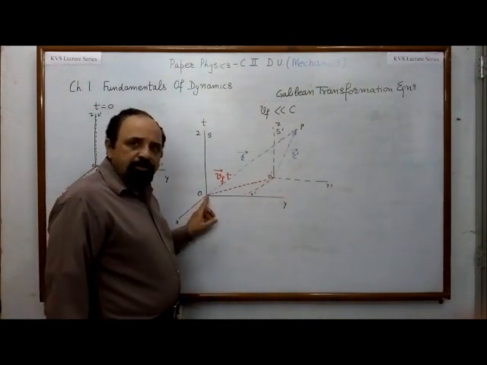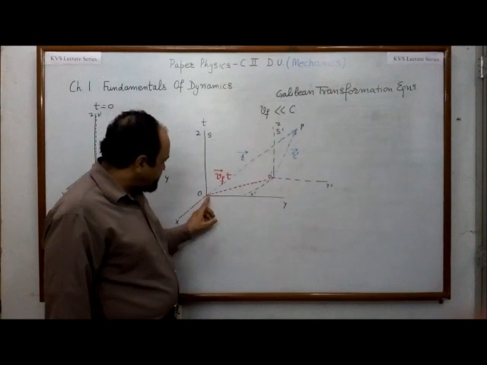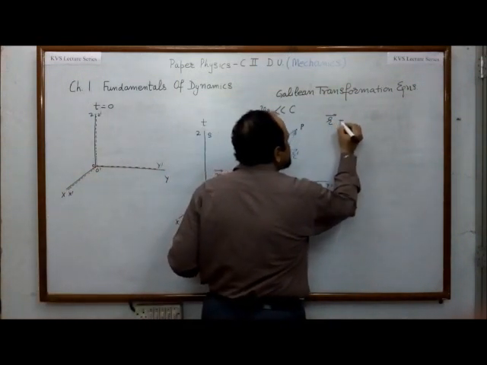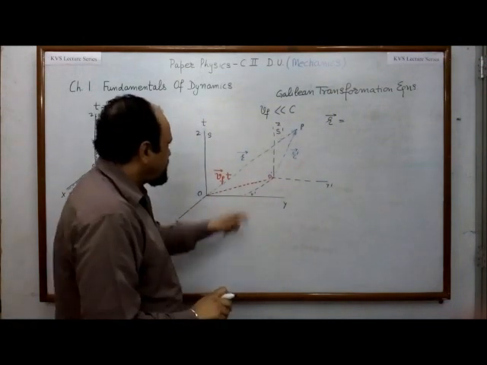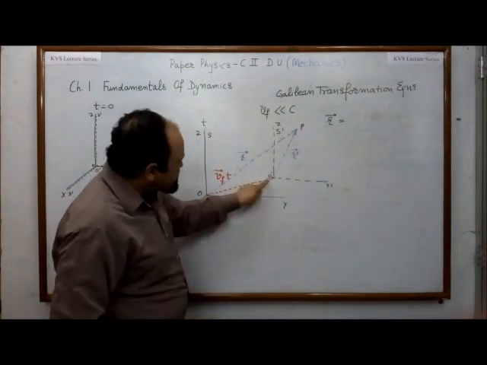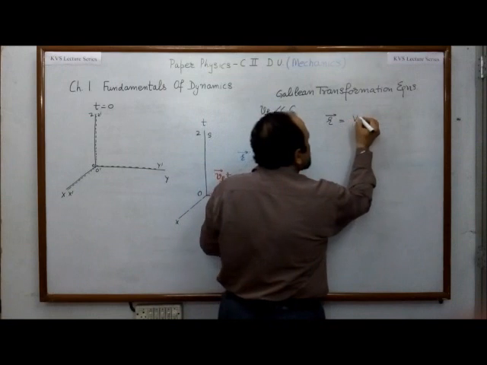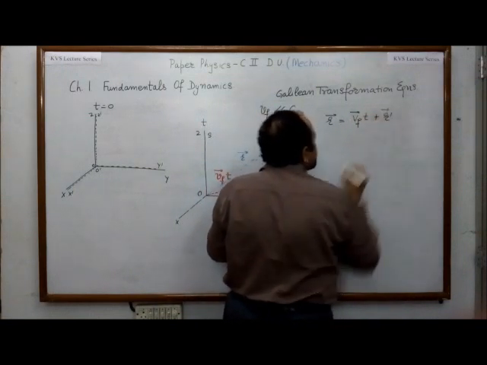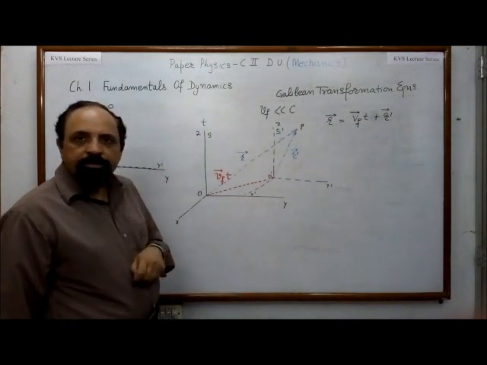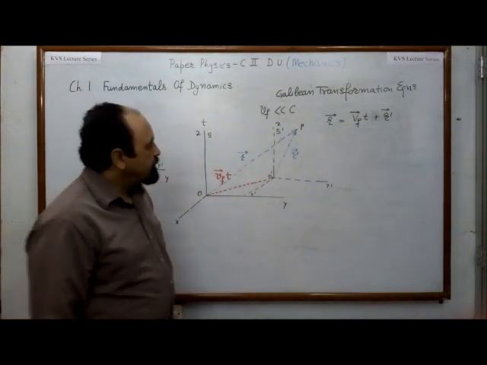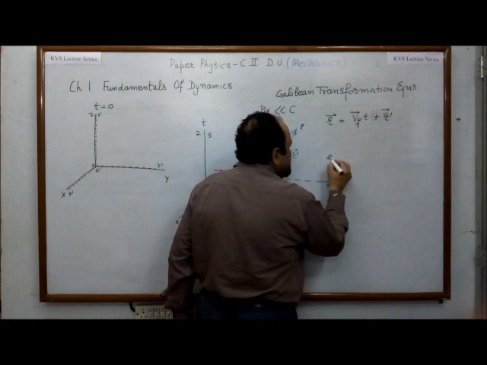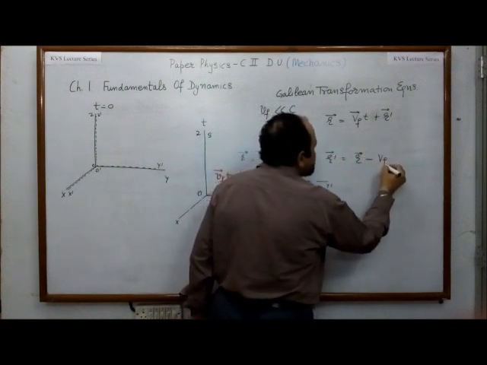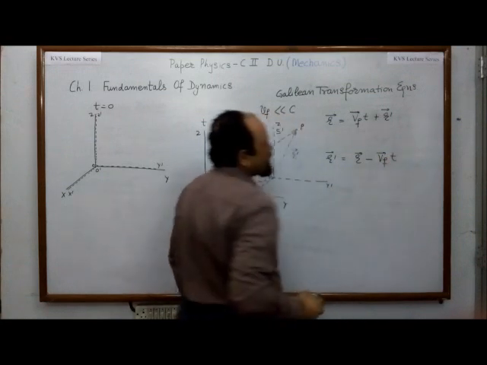Using the triangle law of vector addition, I can write R vector is equal to Vft plus R' vector. Or I can write R' vector is equal to R vector minus Vft.